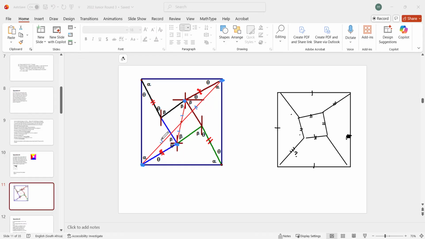So if I compare these two triangles, and this one, you'll see that they are congruent because that equals that, and vertically opposite angles.